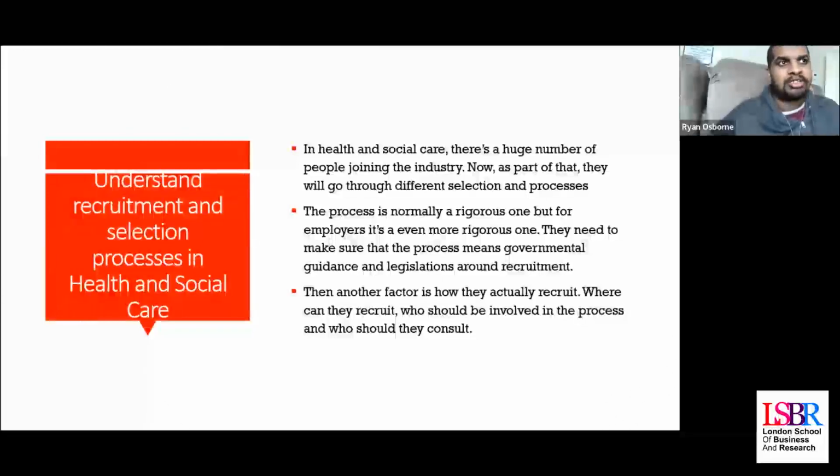This is because there's a need for professionals to be joining the health and social care industry. So when you're looking for people within the industry, there's normally a recruitment part of it, and then the selection process.